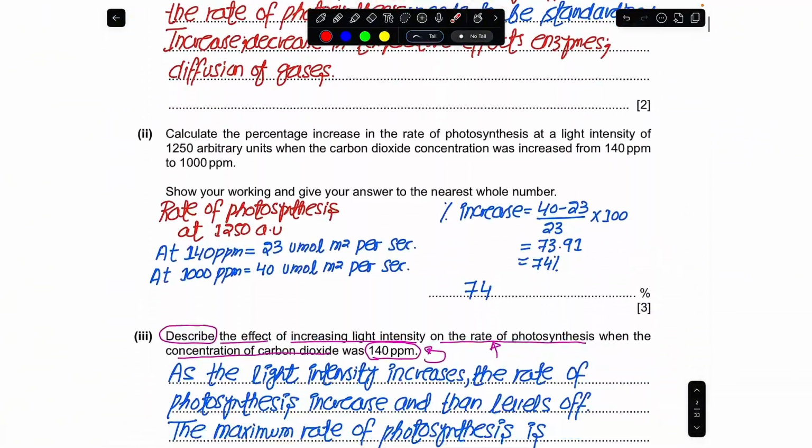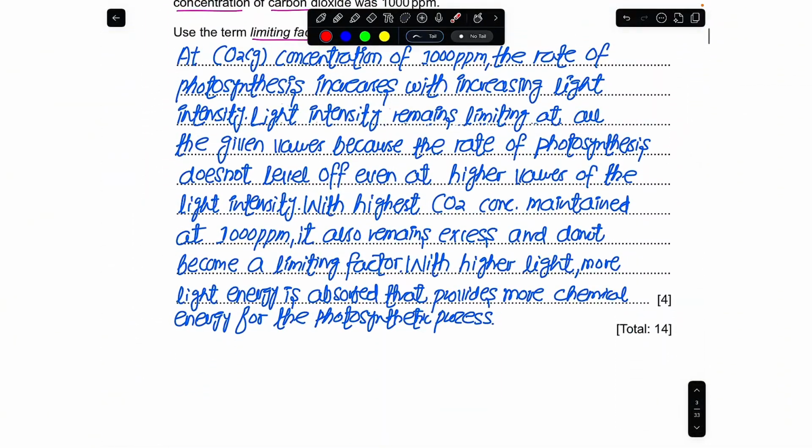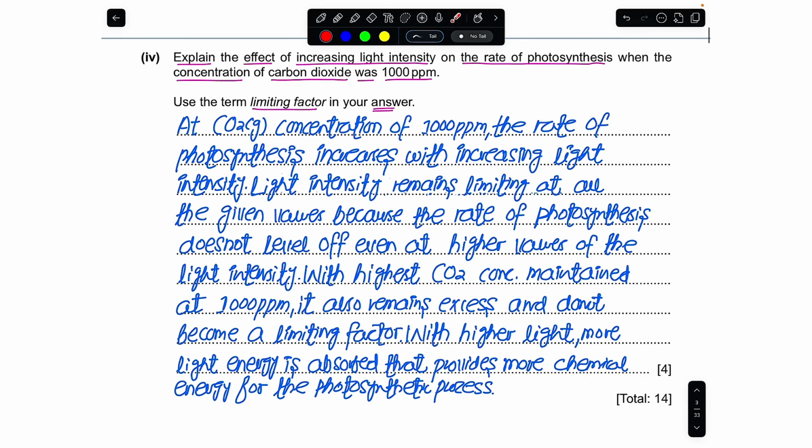So I would now simply read my answer for you as per the mark scheme. We would say that at the carbon dioxide concentration of 1000 parts per million, the rate of photosynthesis is increasing with increasing light intensity. The other point would be that light intensity remains limiting at all given values because the rate of photosynthesis does not level off even at higher values of the light intensity.